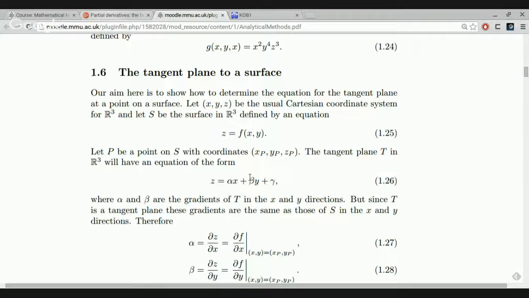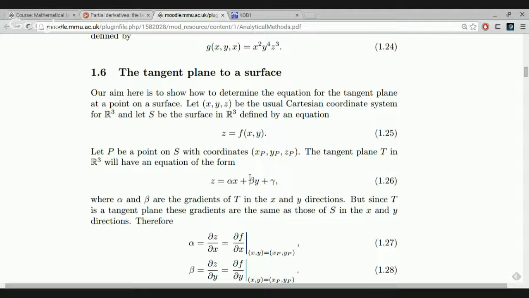If you differentiate it with respect to y, you get beta. dz/dy is beta. So alpha and beta are the gradients of the tangent plane in the x and y directions. Now, this is the tangent plane to the surface, so those gradients of the tangent plane have to be, by definition, the same as the gradients of the surface in those 2 directions.